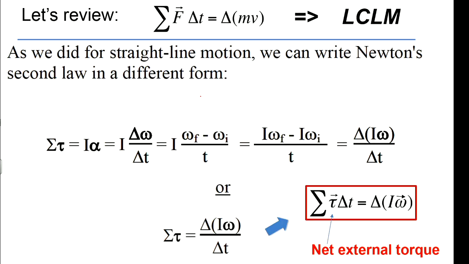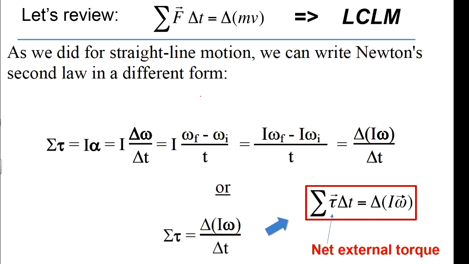All right. It took a little bit longer than I thought, but we are done with this. Moving on to angular momentum. Remember, in the past, we've used Newton's second law to derive the law of conservation of linear momentum. We said when net force equals 0, total linear momentum of a system remains conserved.